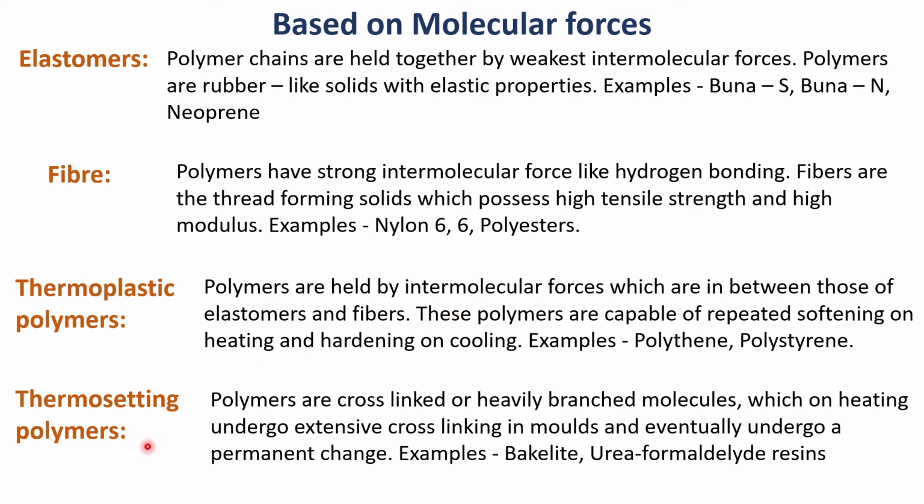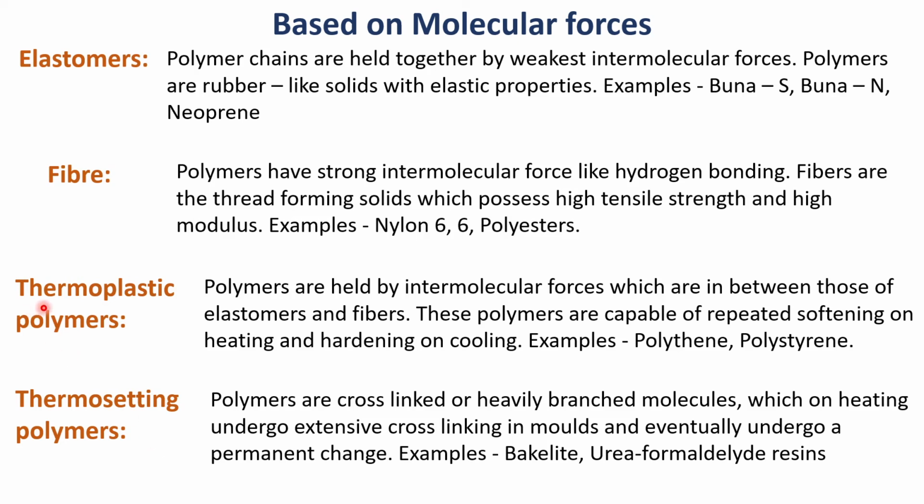But thermosetting polymers are different. If you heat them too much, they will change their property, because there are so many branches in between. While heating, those branches will break, and on extensive heating, more cross-linking will happen, and permanent changes will occur.